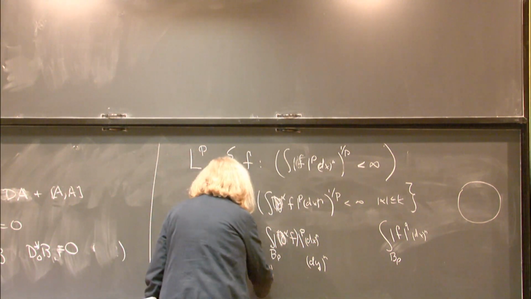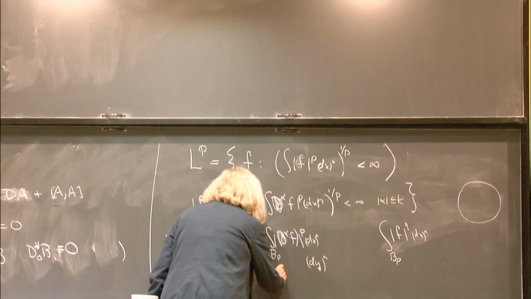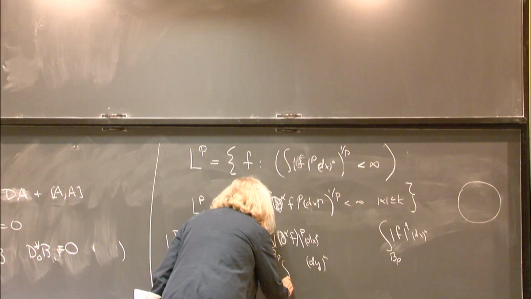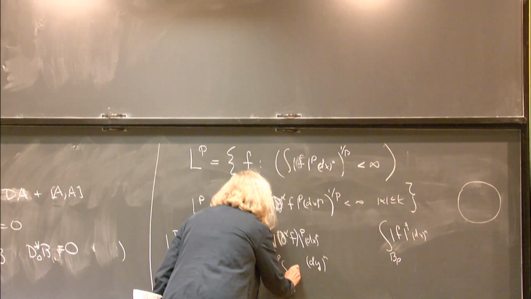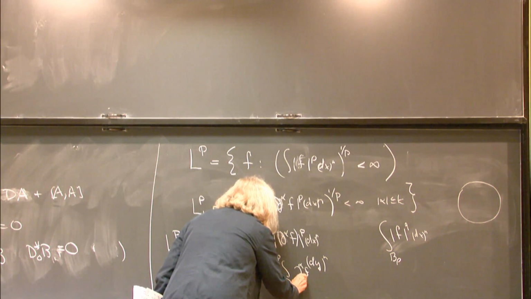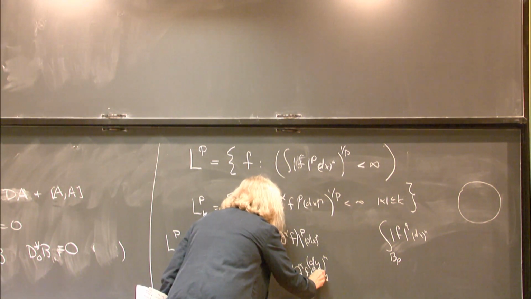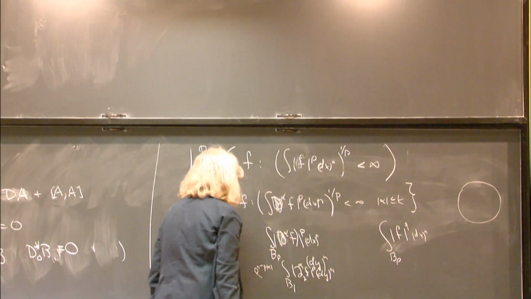So this becomes rho^(n-p) times the integral over B_1 of |∂^α f| in the direction y to the p, dy^n.